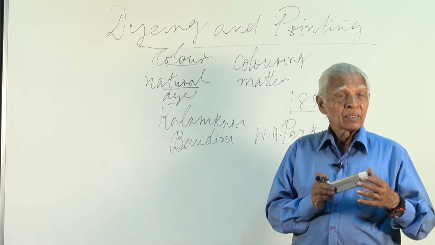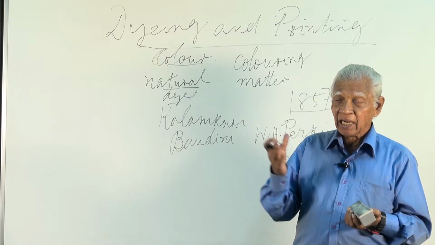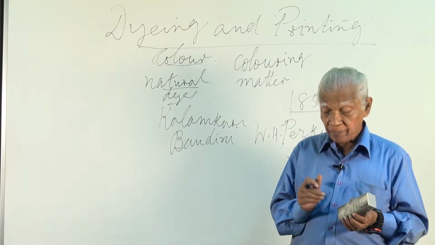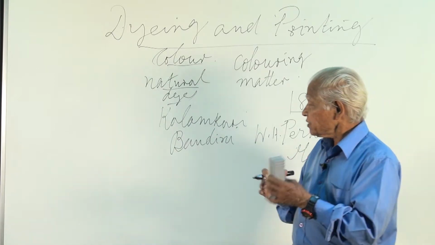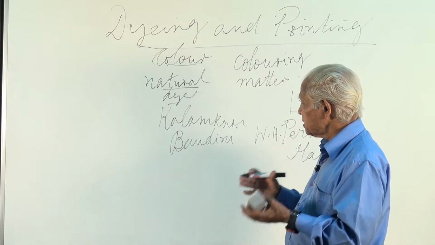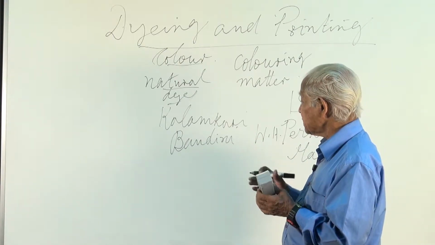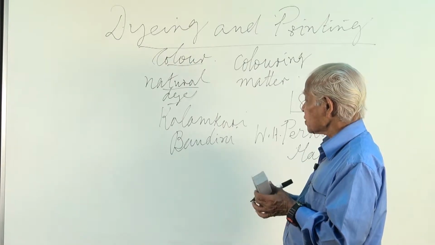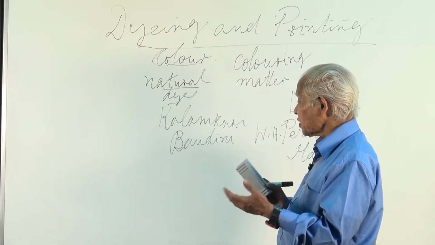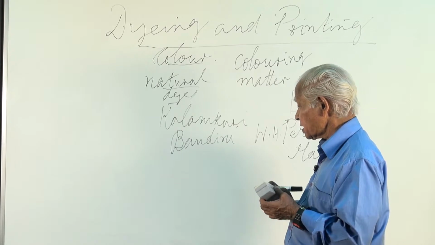And so many types of dyes were produced in the industry, Ciba-Geigy and ICI, so many products are there. And today we find that the dyestuff industry supplies dyes to the dyers which are having good fastness properties. And there are certain types of dyes which are exclusively used for dyeing knitted fabrics. In Tirupur, they use only reactive dyes or bifunctional dyes.